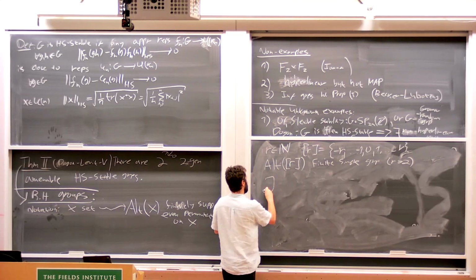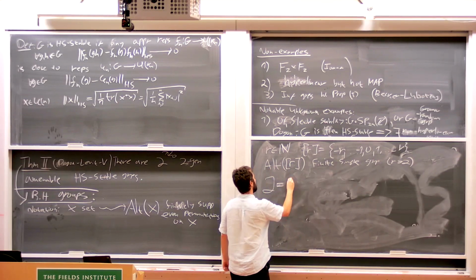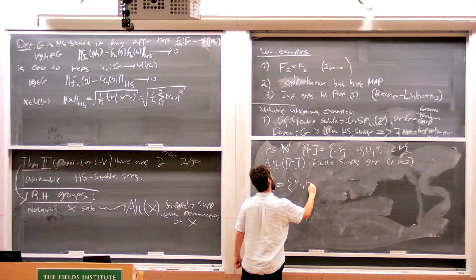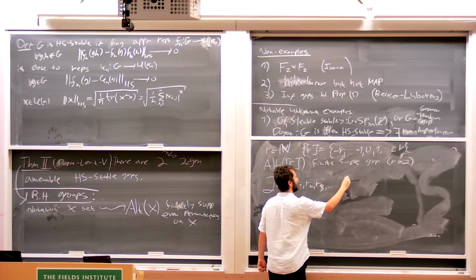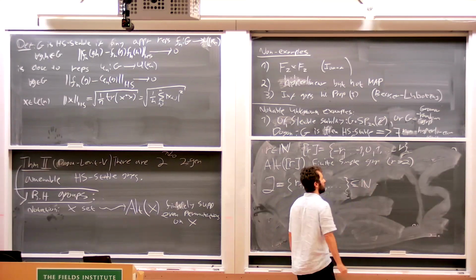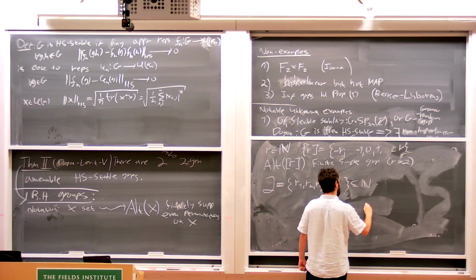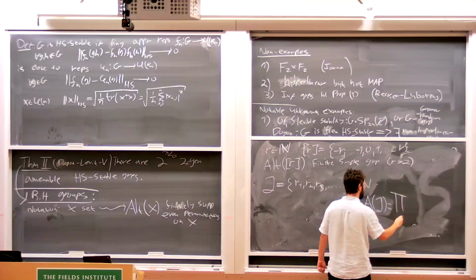So if you take a set of natural numbers, let's say in ascending order, you can look at this product.